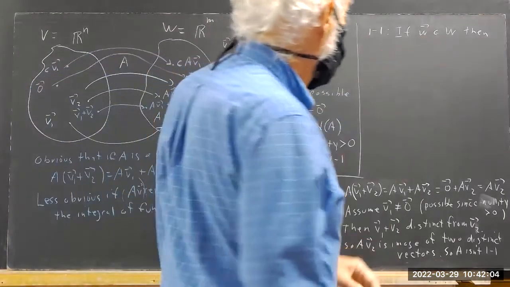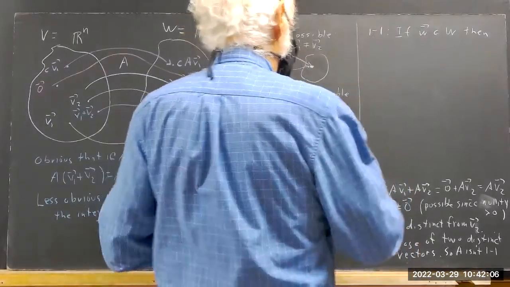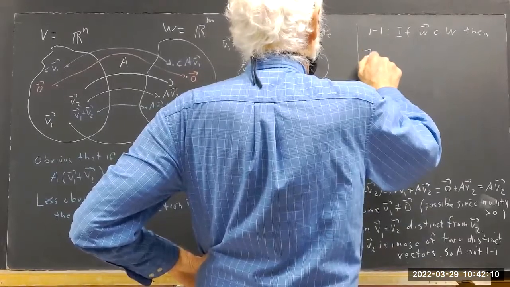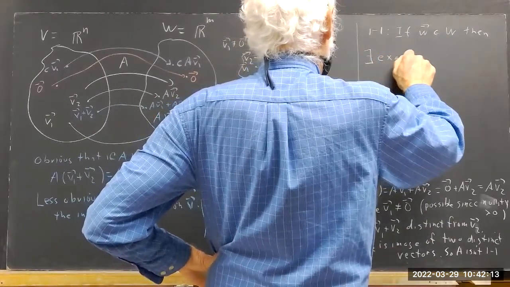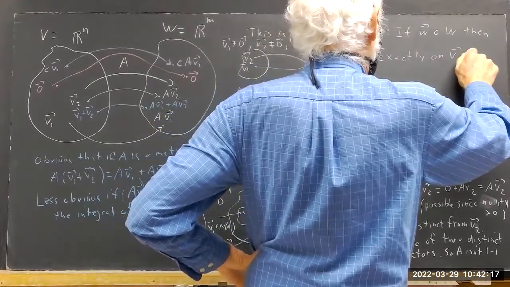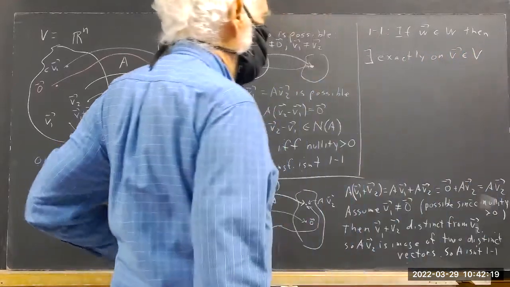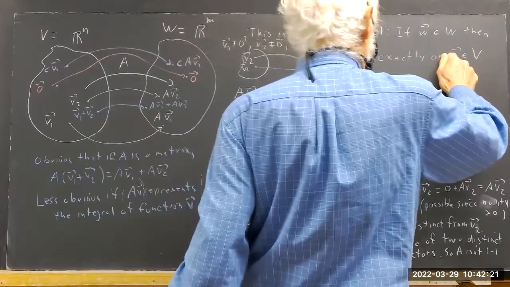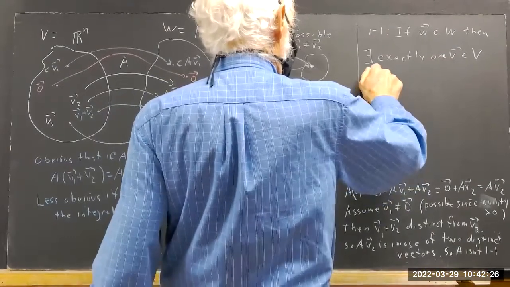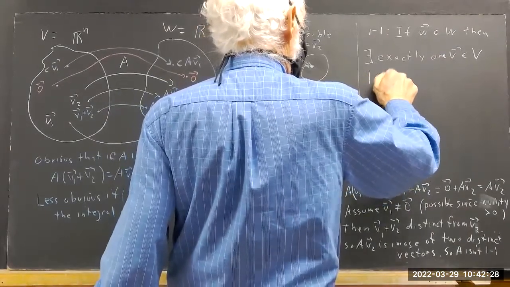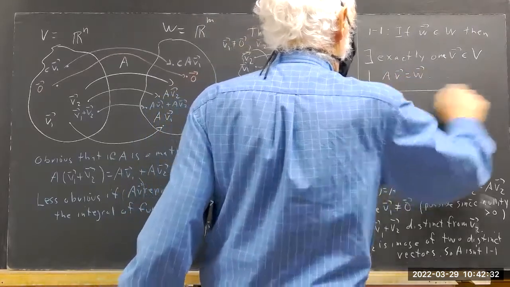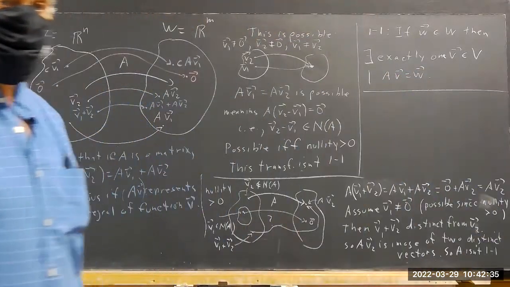So if W is a member of W, then there exists exactly one, not only one, vector V in V, such that AV equals W.